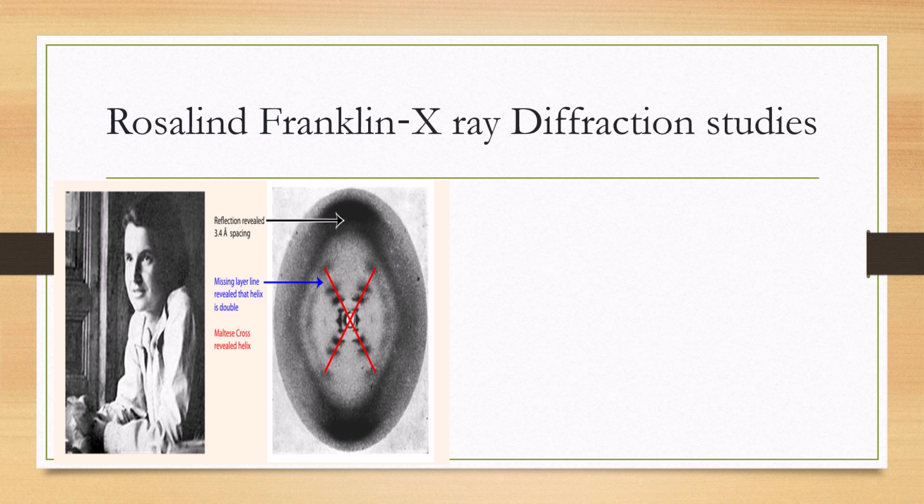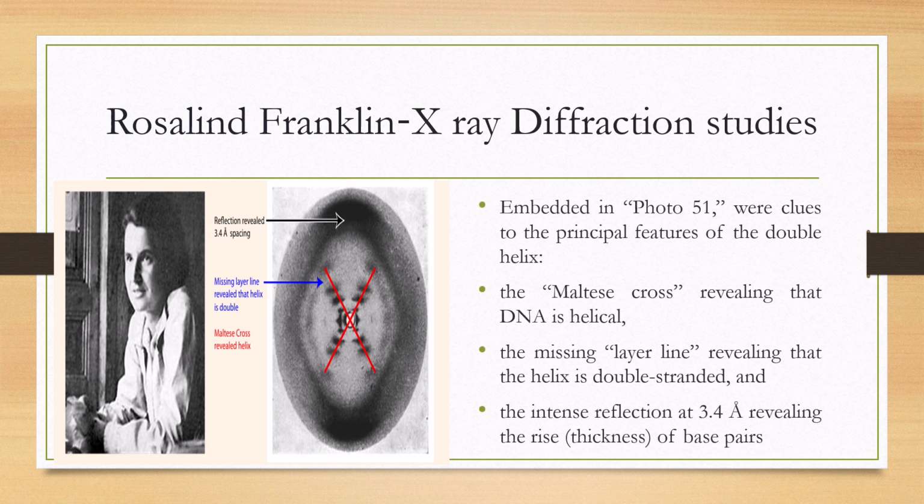And from this photograph, the famous Photo 51, Watson and Crick inferred three major structural features of the DNA. One, the DNA is helical. Two, the helix is double-stranded. And three, the distance between the base pairs. So they inferred these three features from the data of Rosalind Franklin and the base composition of Chargaff's rule.